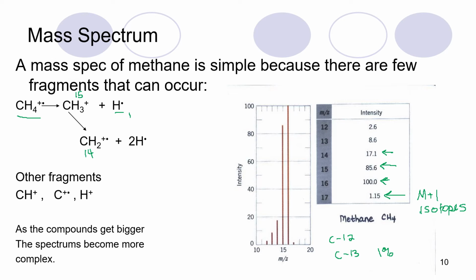So that's what's happening here. And actually, you can see here it's about 1%, because since there's only one carbon, about one in every 100 carbons has that mass of 13. And so you often will see an M+1 peak due to isotopes, and you can pretty much ignore it.